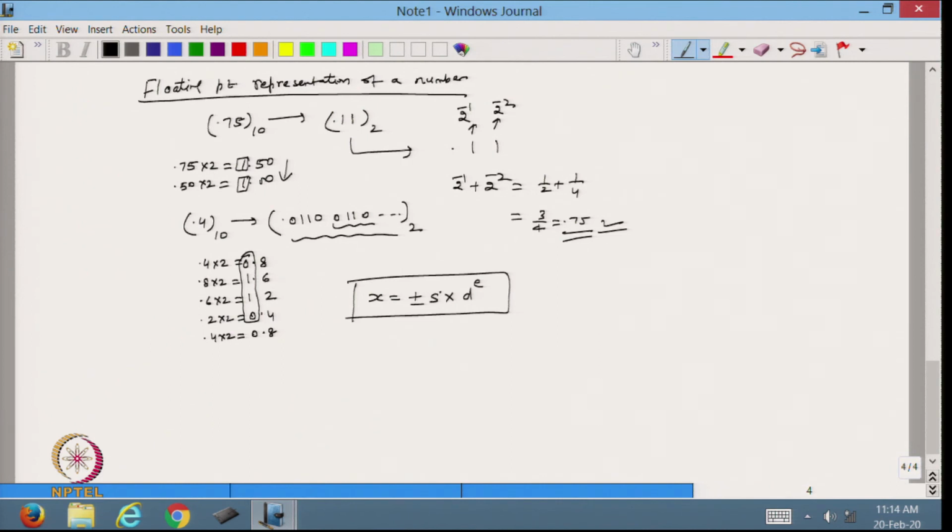That is the sign. This is called the significand or mantissa.